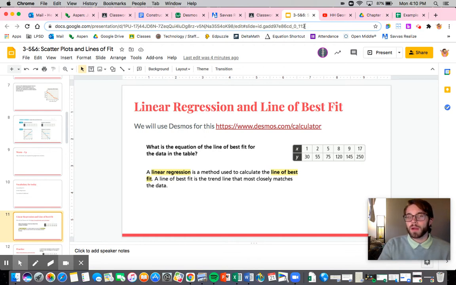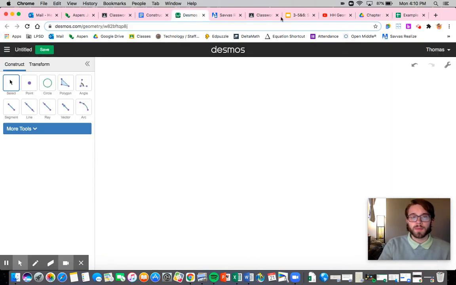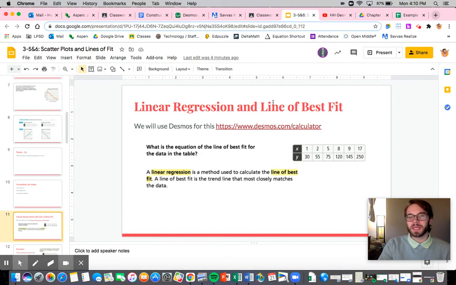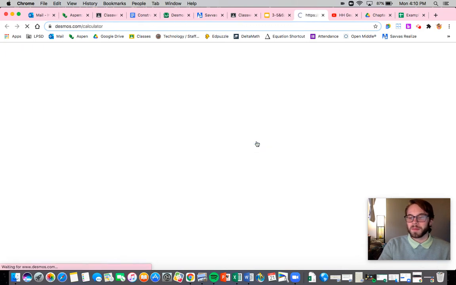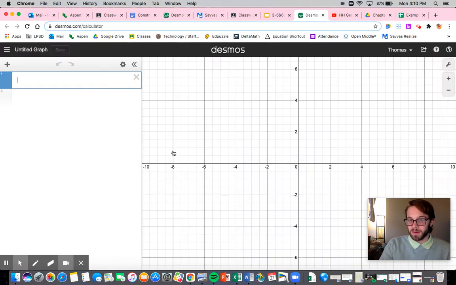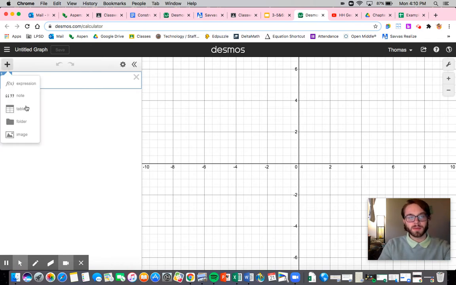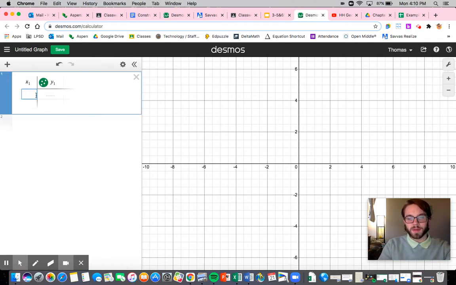So if I were to pull up Desmos, what would be an absolutely perfect line? Well, if I were to make a table, and I said it was 1, and then 2, and then 2, and then 3, and then 3, and 4, and then 5.